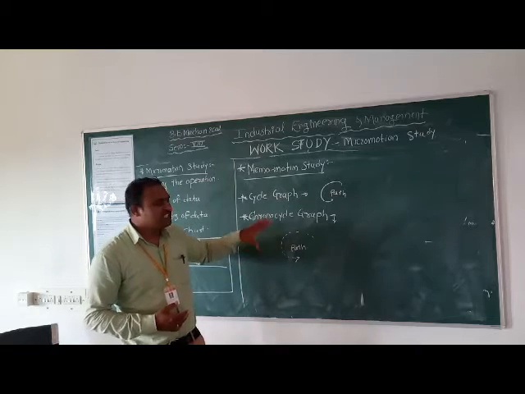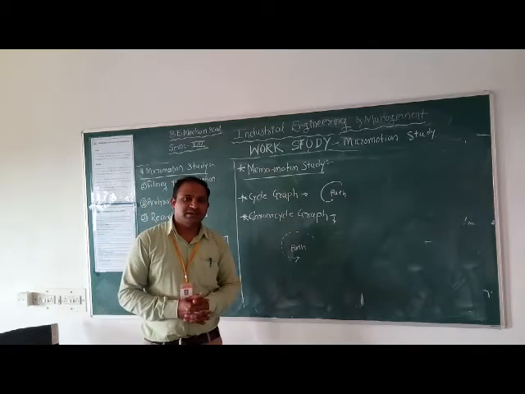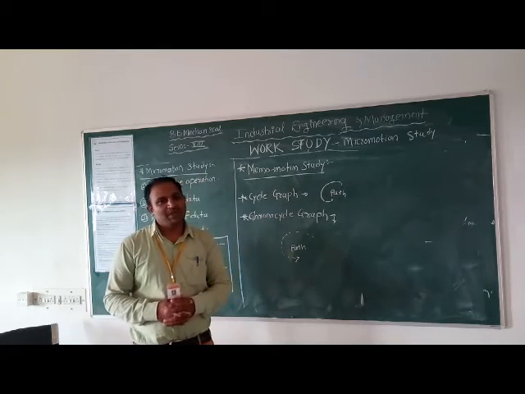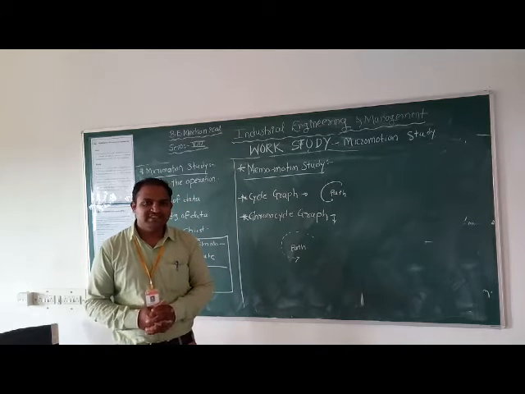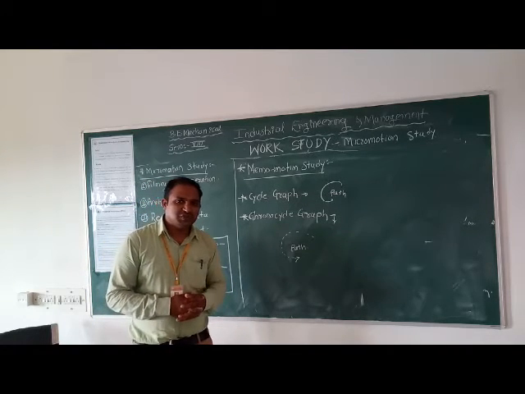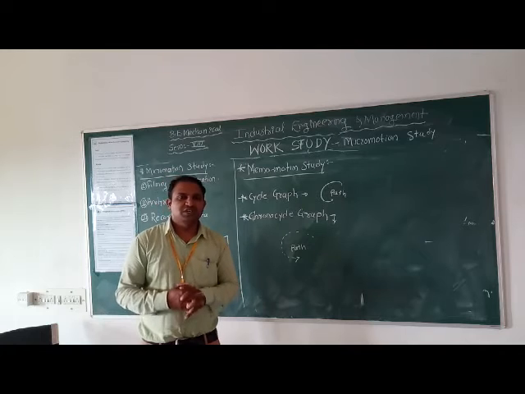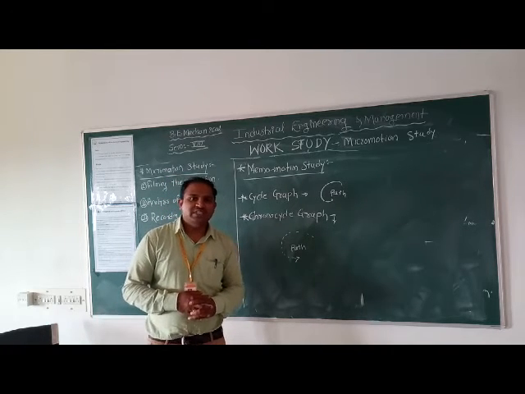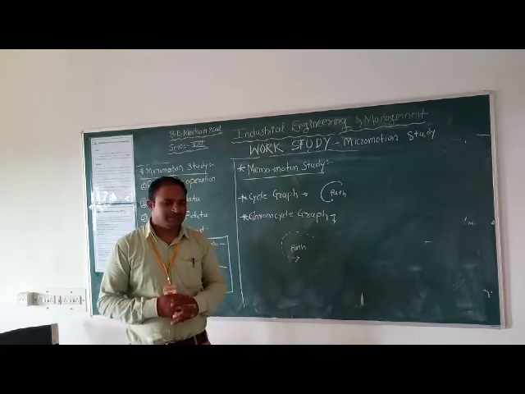Here the chronocycle graph. The chronocycle graph is the advanced version of the cycle graph. It takes photographs and shows the direction of the activity and also the speed of activity.